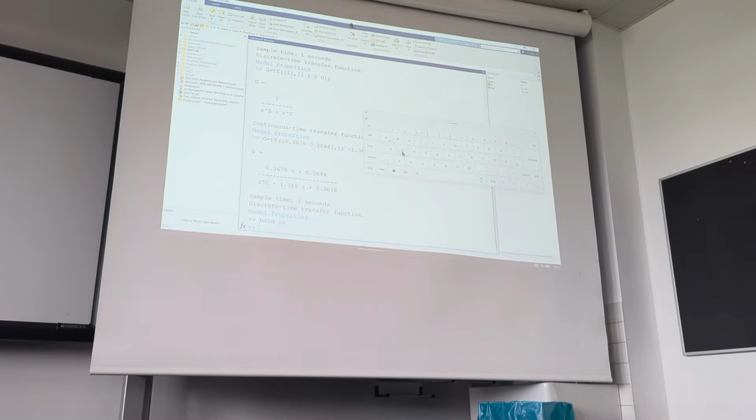And if I now say step and provide in round brackets our new discrete transfer function, also for 10 seconds.